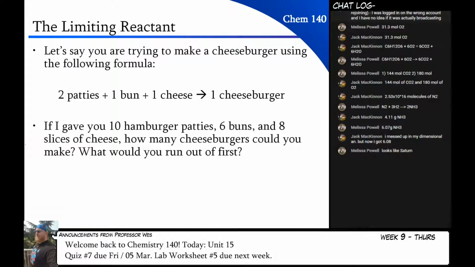Well, here's how we would calculate it. So I can do 10 patties, and I know that to make one burger takes 2 patties. So I can make 5 burgers with this. If I do that with buns, I have enough buns to make 6 burgers.